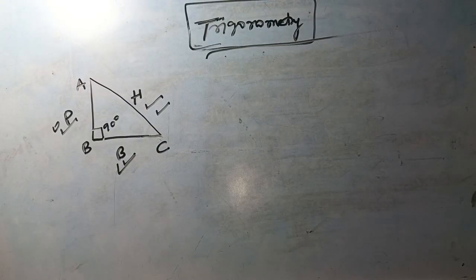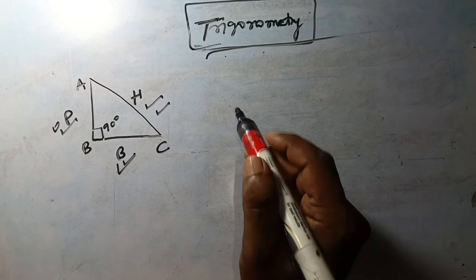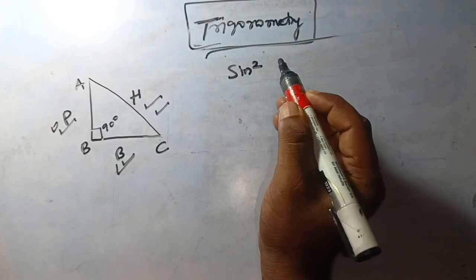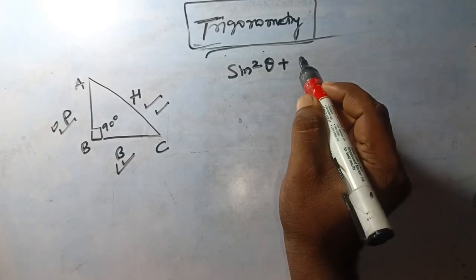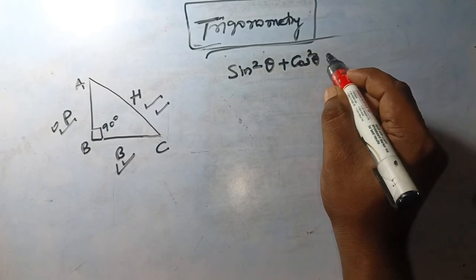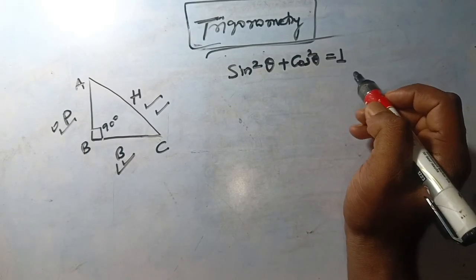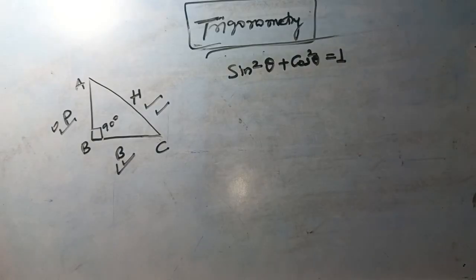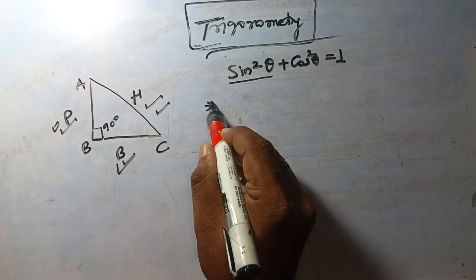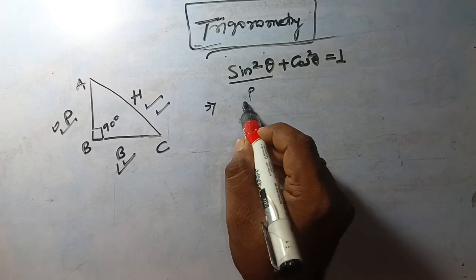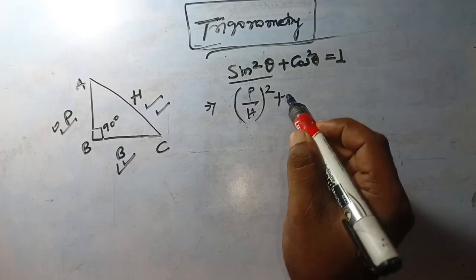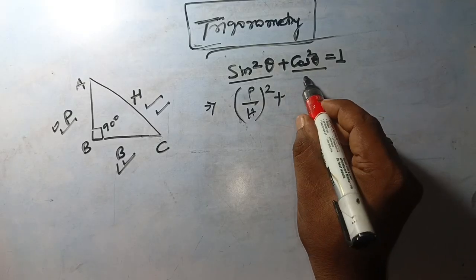So let's see, there is a formula which is sine square theta plus cos square theta is equal to 1. Let's prove it. What is sine theta? Sine theta is equal to perpendicular upon hypotenuse. What is cos theta?